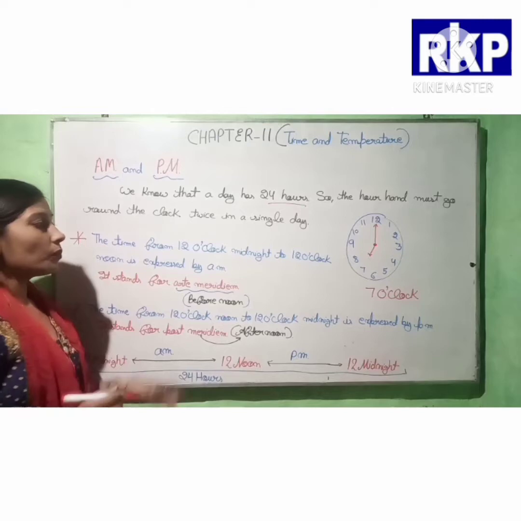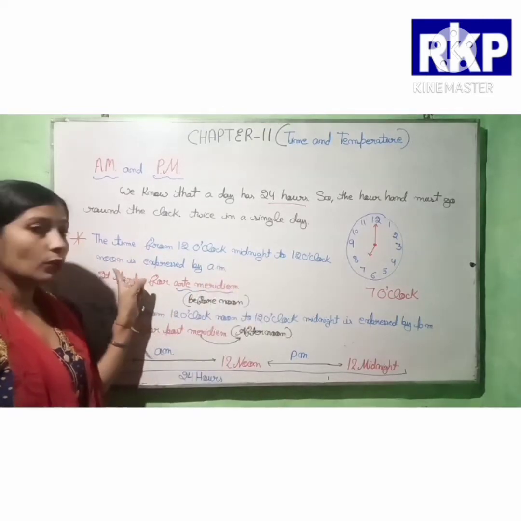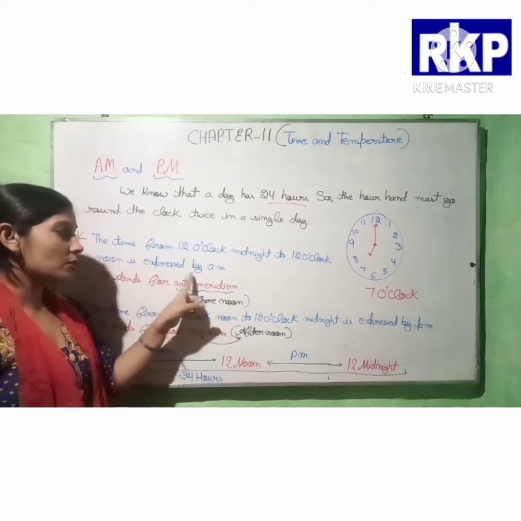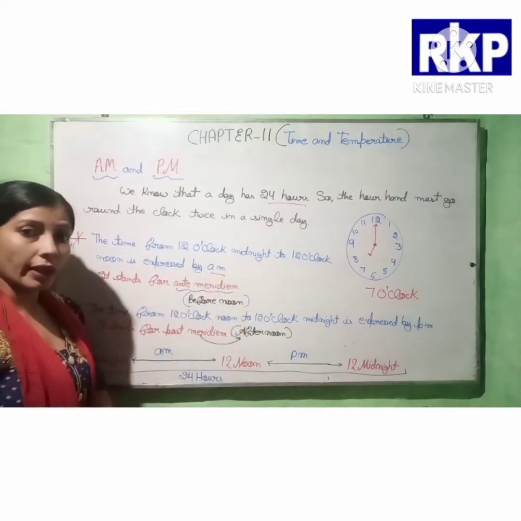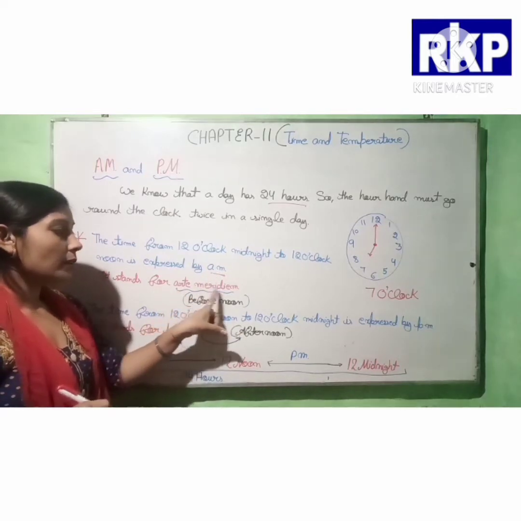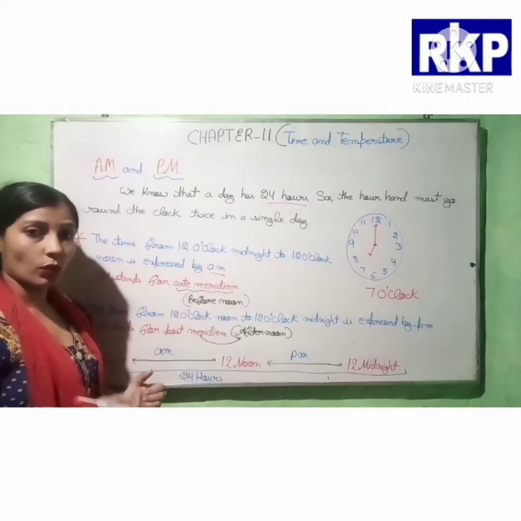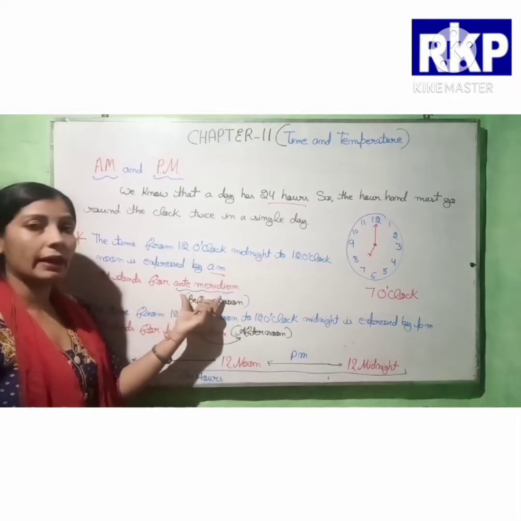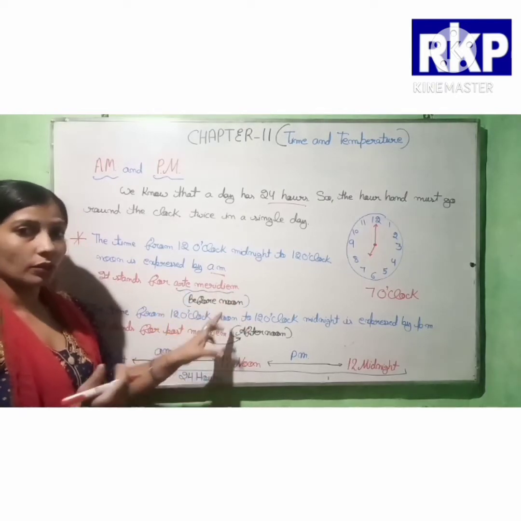The time from 12 o'clock midnight to 12 o'clock noon is expressed by AM. And what is the meaning of AM? AM is the short form of anti-meridian, and anti-meridian means before noon.